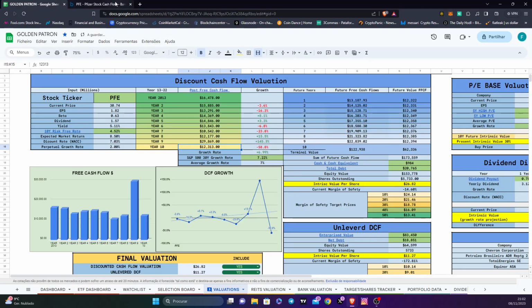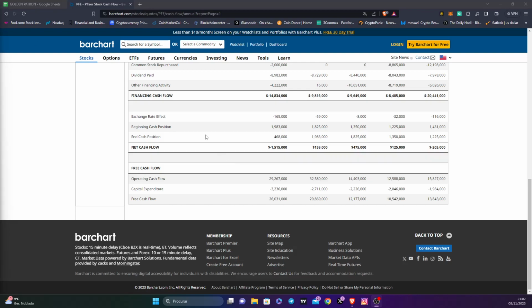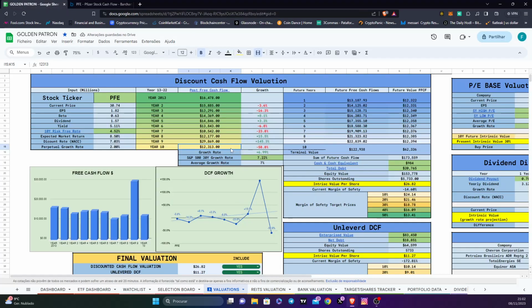And the last one, 26,031. Okay, so once we plug this in, the growth rate just automatically fills in right here.